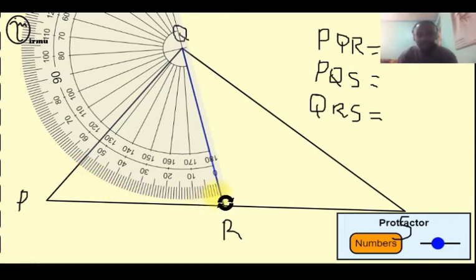So when I count, I'll count from 0, 10, 20, 30, 40, then 50, then I count the units, 51, 52, 53, 54 degrees. I get the same answer as I got when I used PQ as the baseline. So there are two ways you could have measured PQR, that is using PQ as the baseline, or using QR as the baseline.